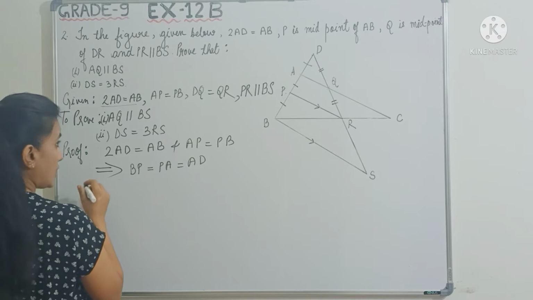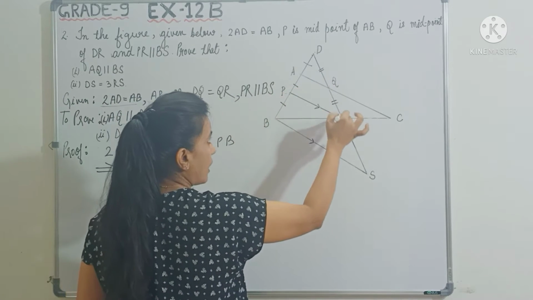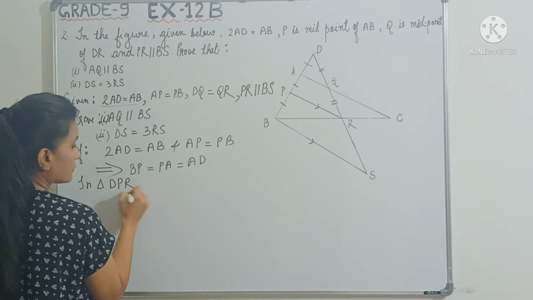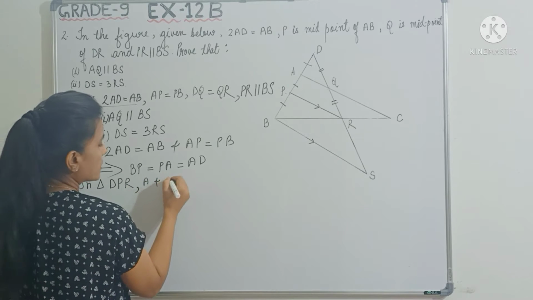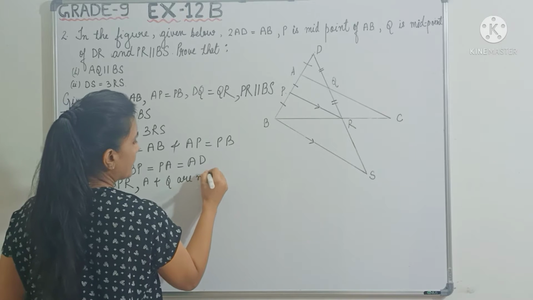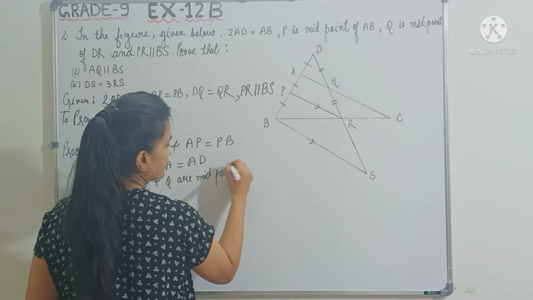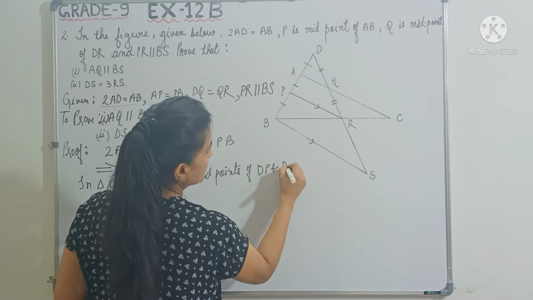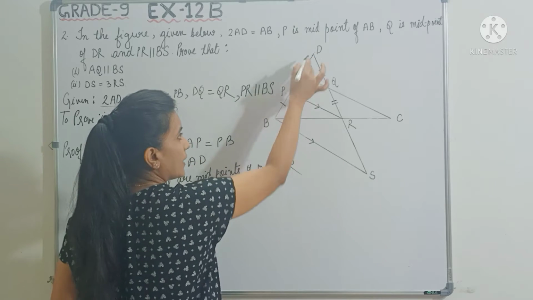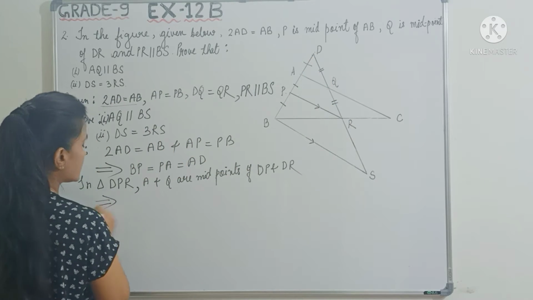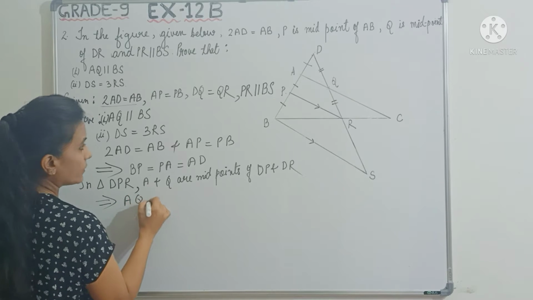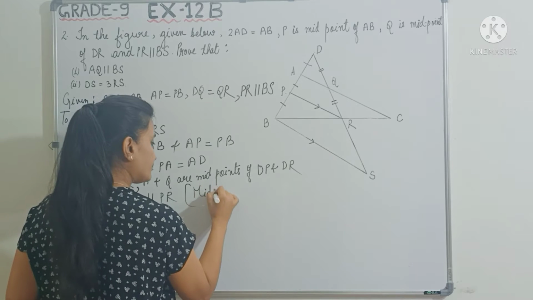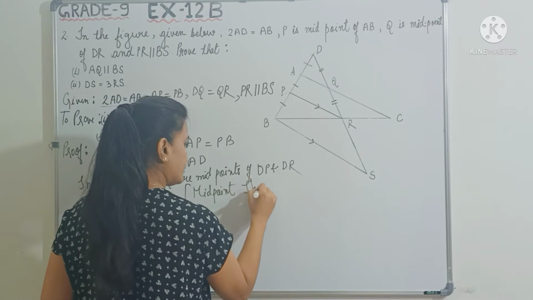Alright. Now take triangle DPR. In triangle DPR, A and Q are midpoints of DP and DR. This implies that AQ will be parallel to PR from the midpoint theorem.